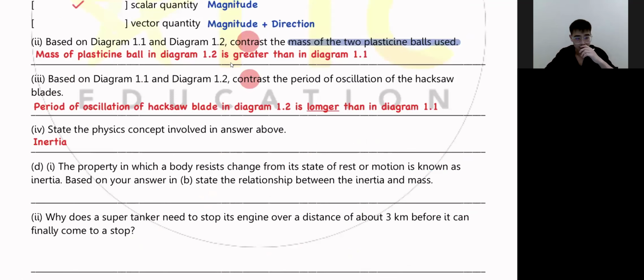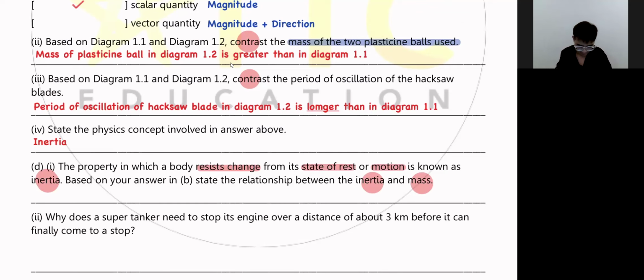Now then the next one. For question D1, the question asked, the property in which a body resists the change from its state of rest or motion is known as inertia. That's what we discussed just now. So based on your answer in B, the question wants you to relate inertia and mass. When the mass increases, the effect of inertia also increases.